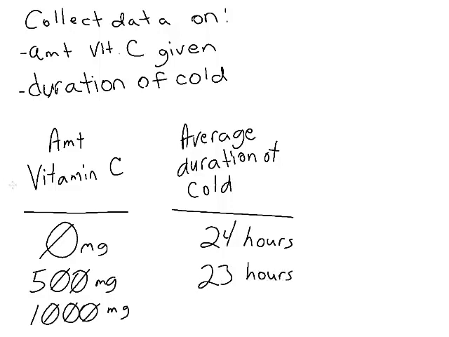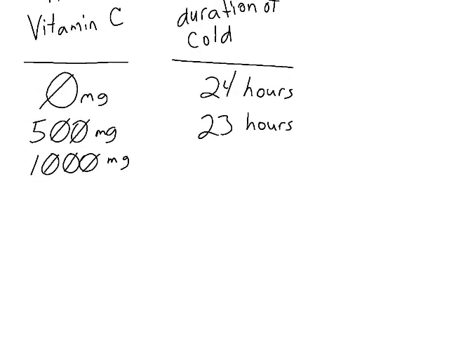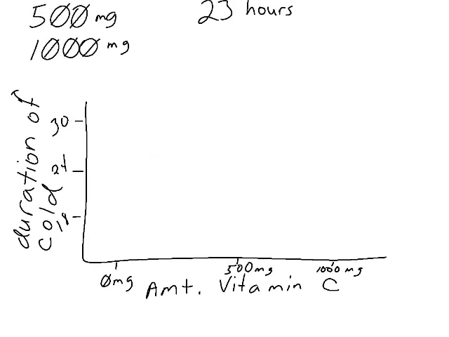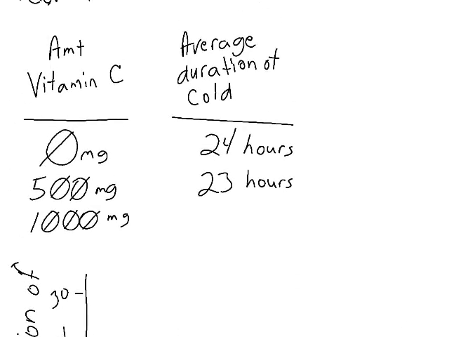Even though we randomized our subjects, used controls, and gave them vitamin C using the double-blind method, we still don't know if the difference between the duration of the cold between people given no vitamin C and people given the 500 milligrams of vitamin C was just due to chance or just dumb luck. So what if just by accident the people in the no vitamin C group had super immune systems? Now, this is not likely because we randomized, but it's still possible.